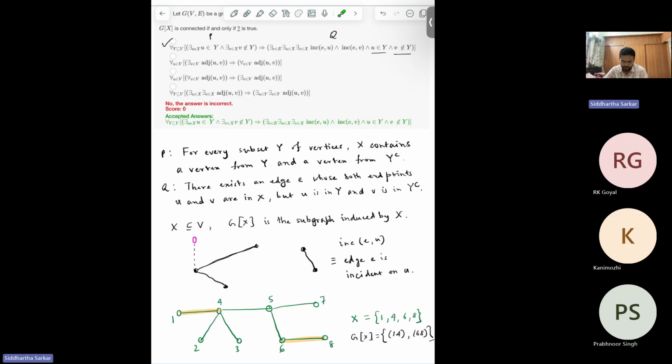Let us say I consider these four vertices to be Y. So let us say this is my Y, then P is true.